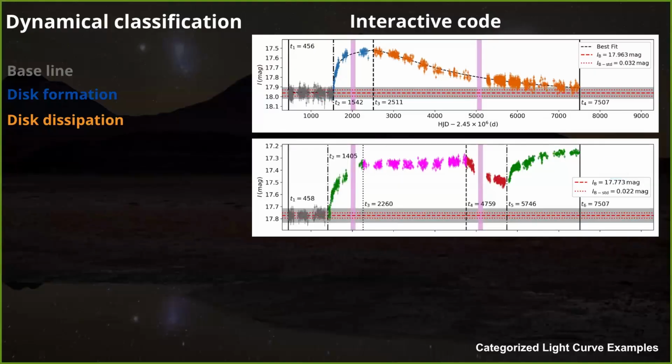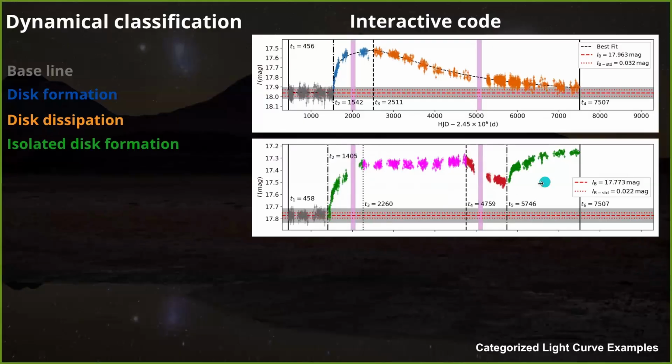For more complex behavior, like in this second light curve example here, we use another class that we call isolated disk formation because the next phase is not a dissipation one. So the mass loss in this case is turned on and kept on for a while without significant changes.